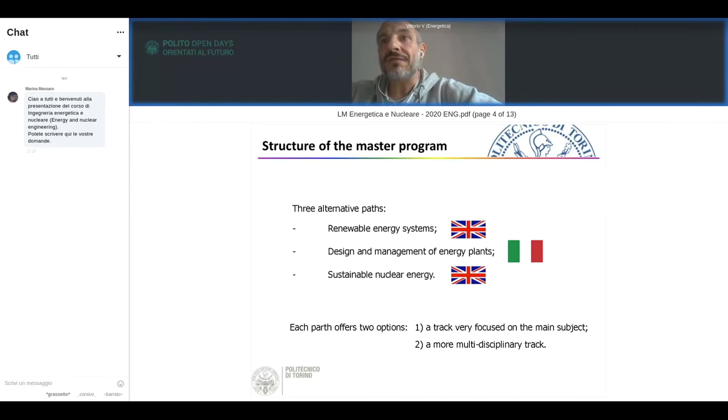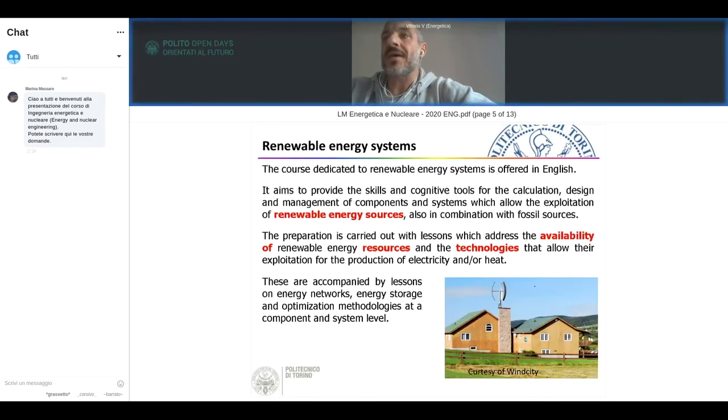So if we consider the first track, the first path, sorry, this is related with the renewable energy systems, and as I mentioned, that's entirely offered in English.